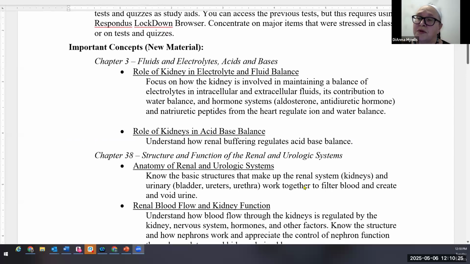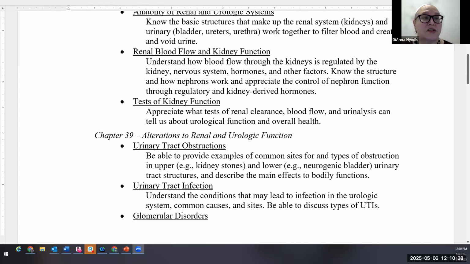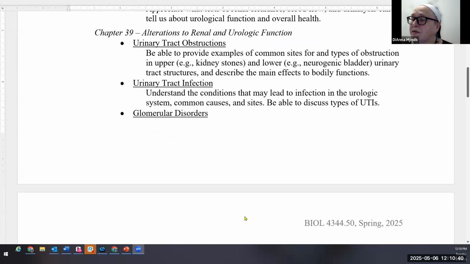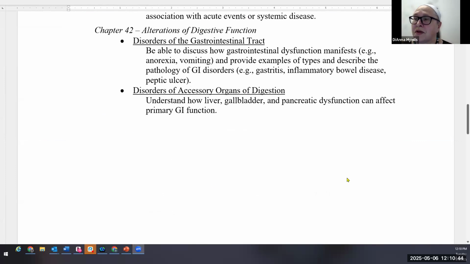For the new material section, you basically have 2 systems that we're covering: the renal and urologic system, and the digestive system. For the digestive system, there's just a little bit there.